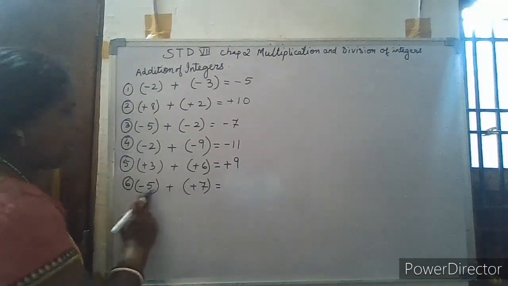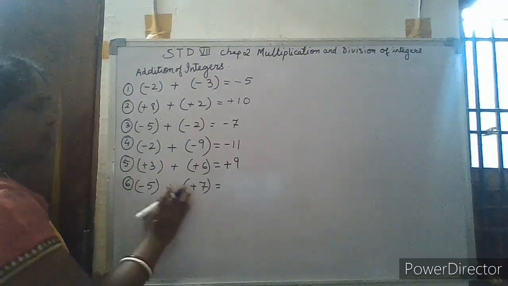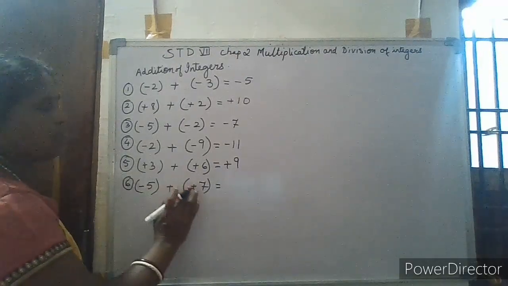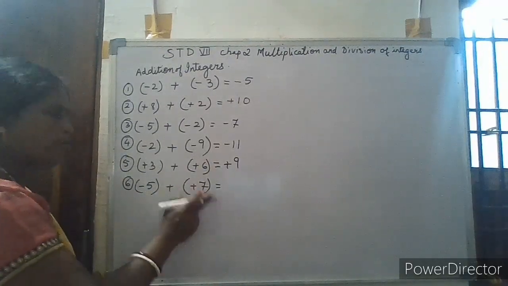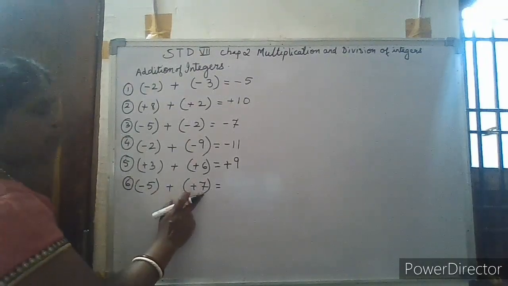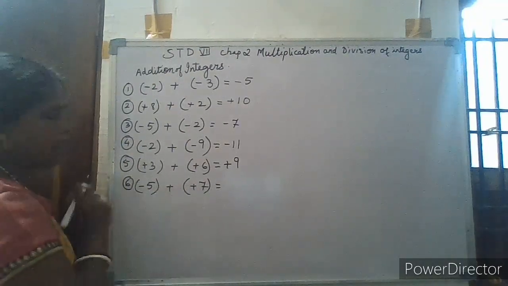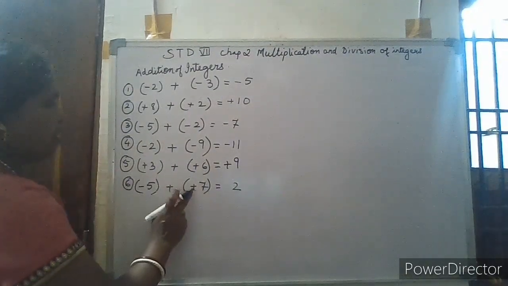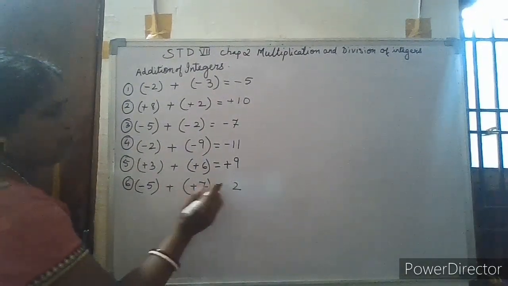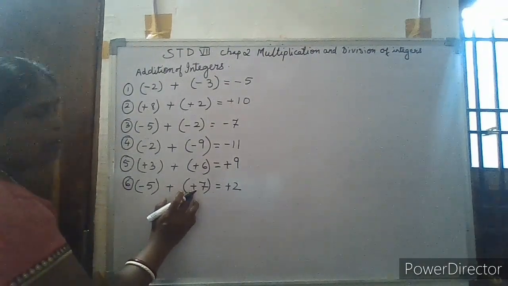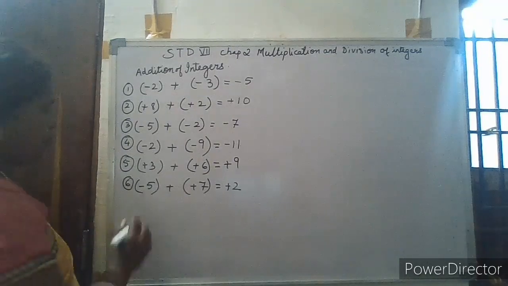So when we have it in this form, then apply the second rule, that is, if both the numbers have different sign, subtract the numbers. That is, you have to subtract the smaller number from the greater one. 7 minus 5 is equal to 2. But which is greater? 7 is greater, so put its sign. It has the plus sign, so put plus sign.